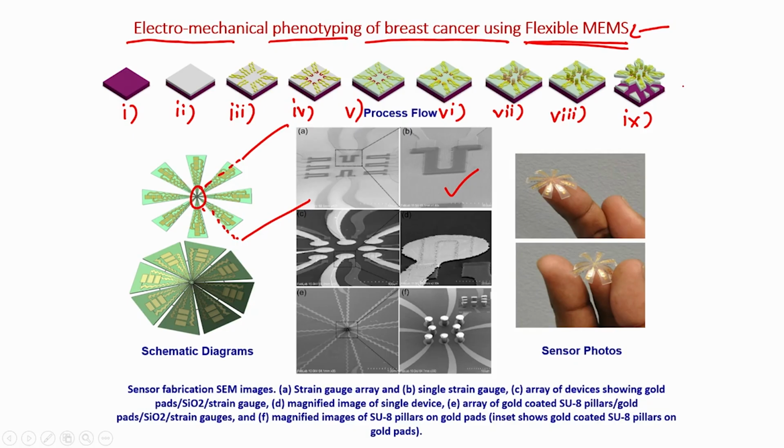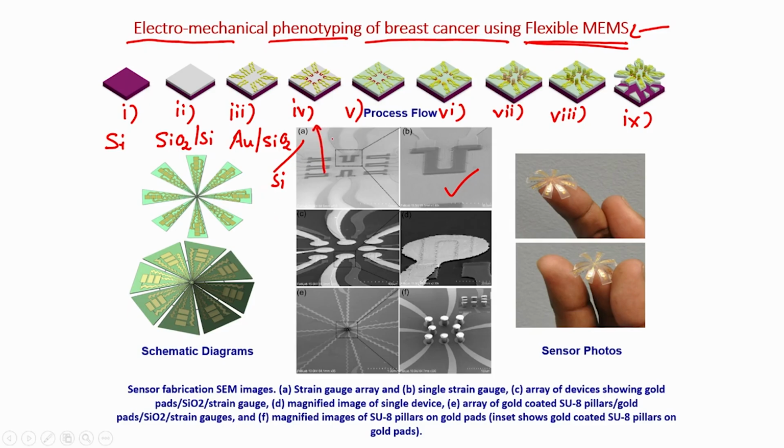Right. Once again, let us see slowly. First step is to take a silicon wafer. Second step, grow silicon dioxide on silicon. Right. What is the third step? Third step is we have now deposited electrodes using chrome gold on silicon dioxide, which is an insulator, and this silicon dioxide is grown on the silicon wafer.